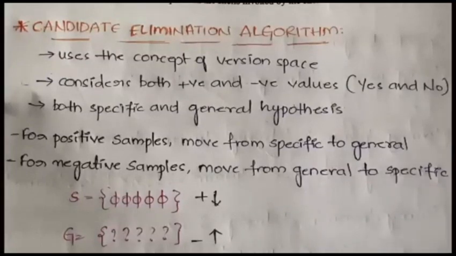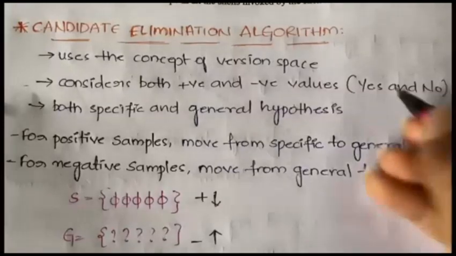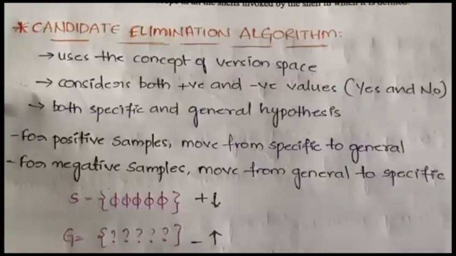If we are getting positive samples, or else if we are getting negative samples, what can we do? Let us see. If we are getting positive samples, we have to move the hypothesis from the specific to the general hypothesis.